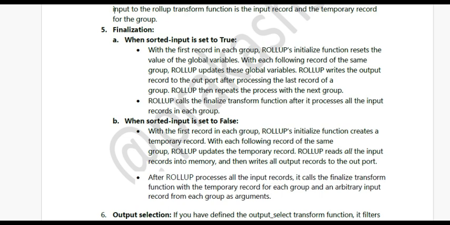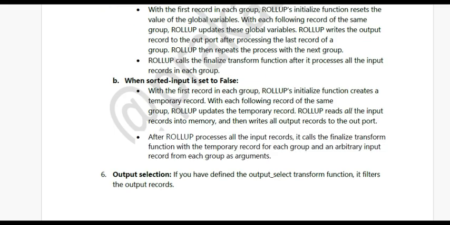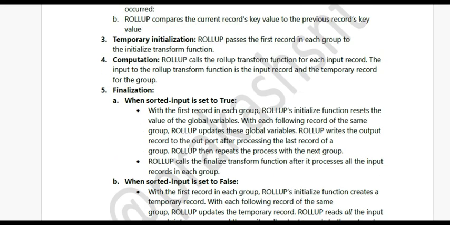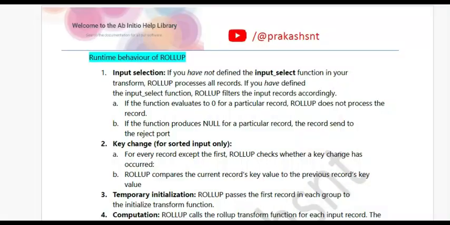If sorted input is true, then it finalizes the last record of the group, and if sorted input is false, then your finalize function is called in arbitrary order. There is no particular order. Lastly, output selection is called.